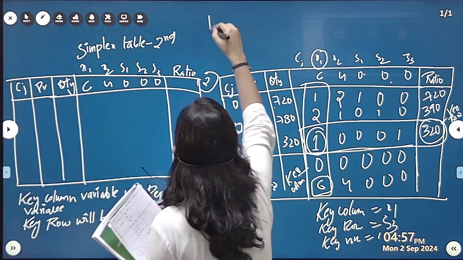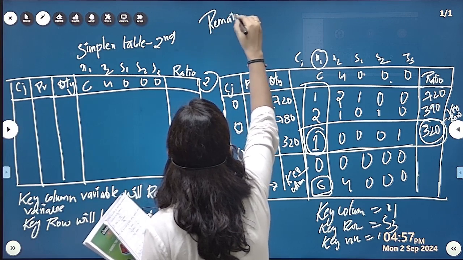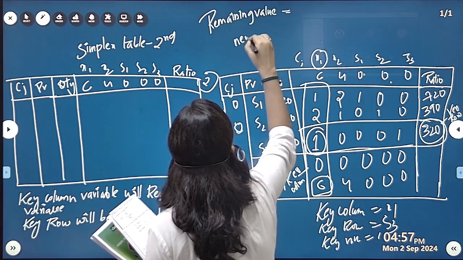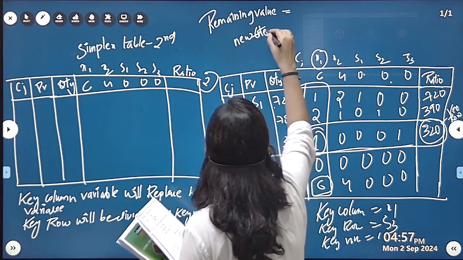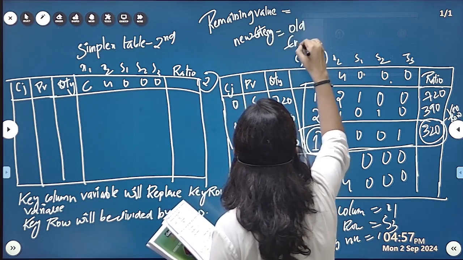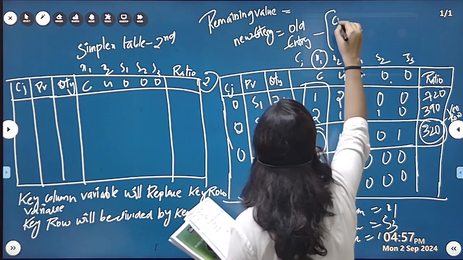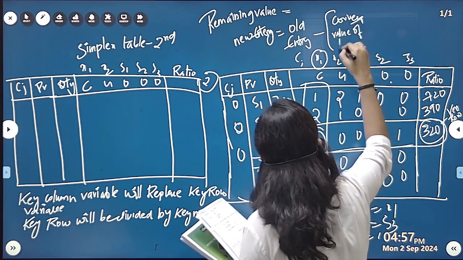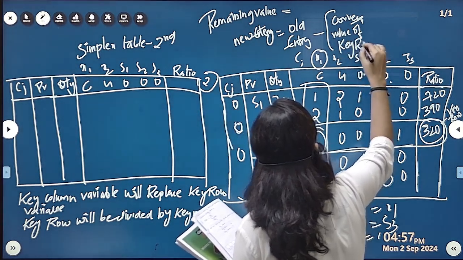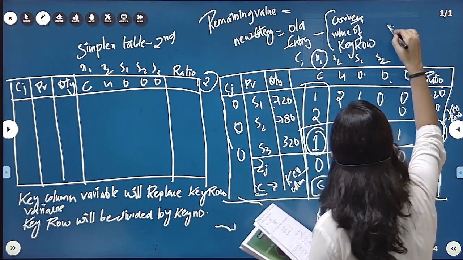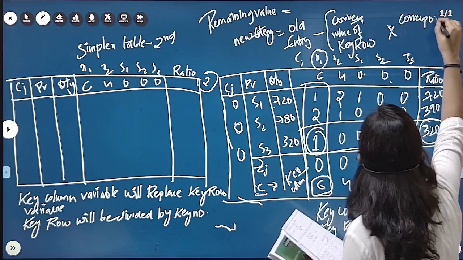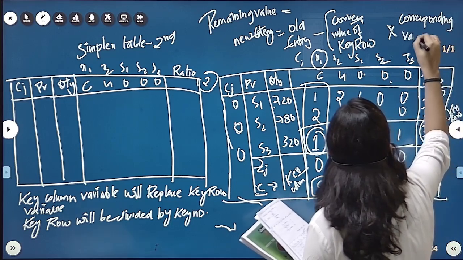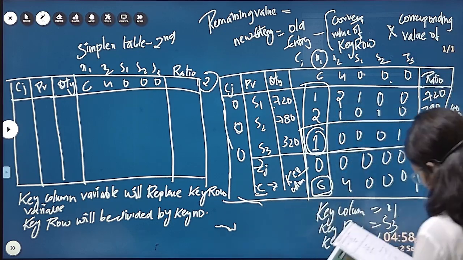Next after this write remaining values. New entry is equal to old entry minus corresponding value of key row into corresponding value of key column.